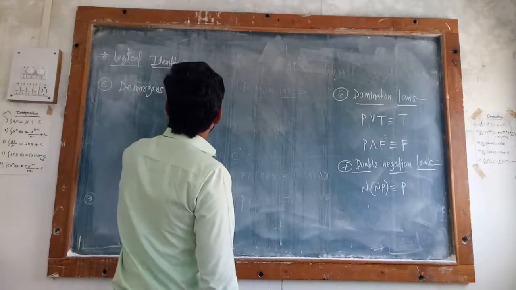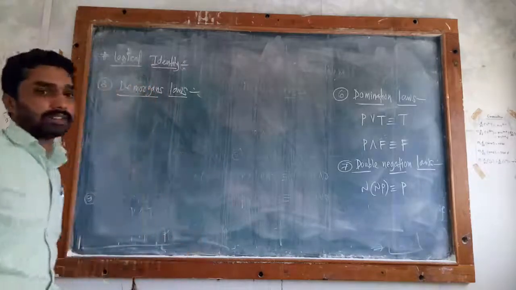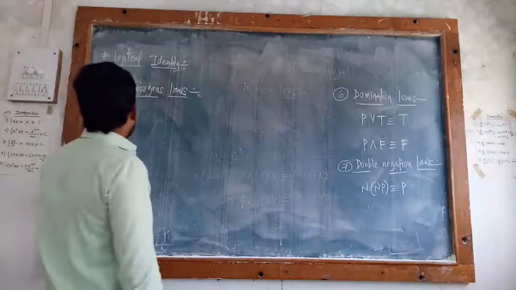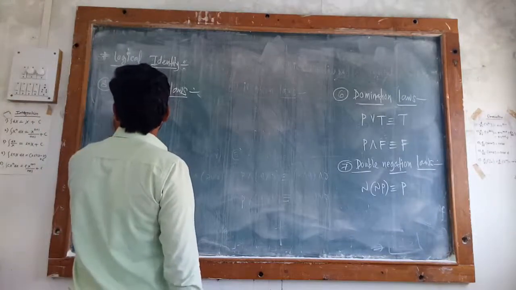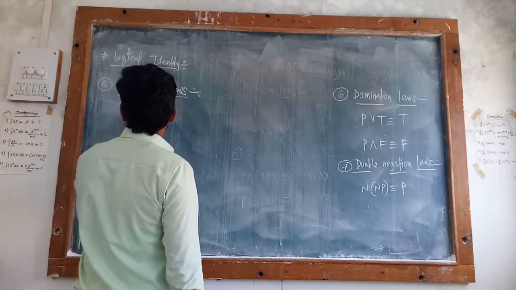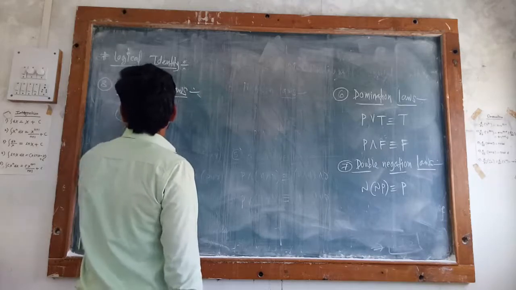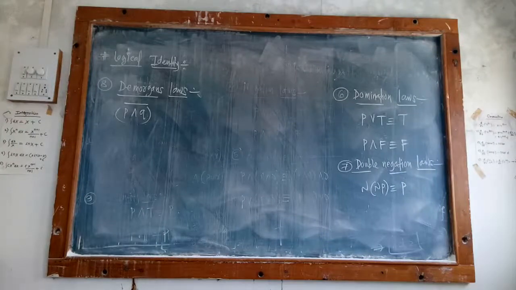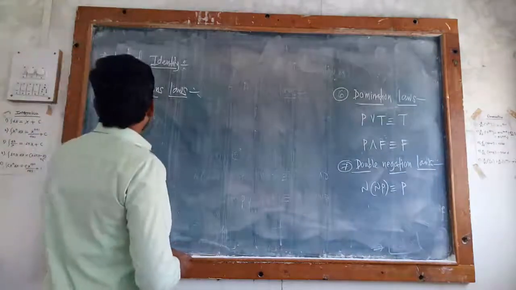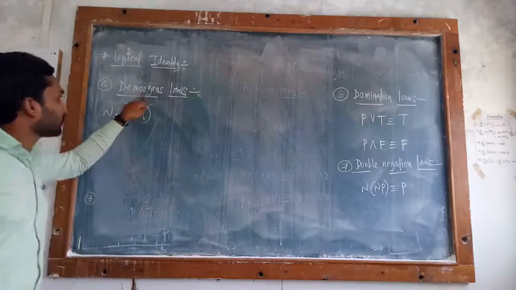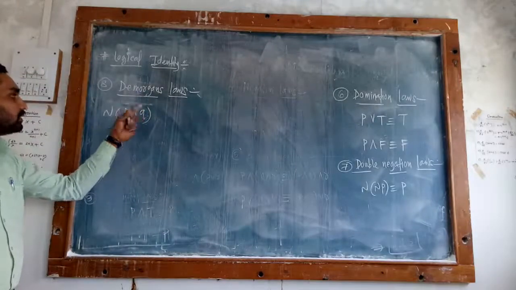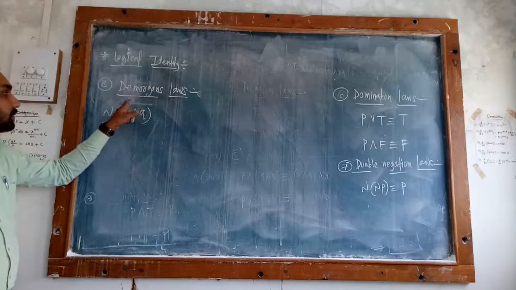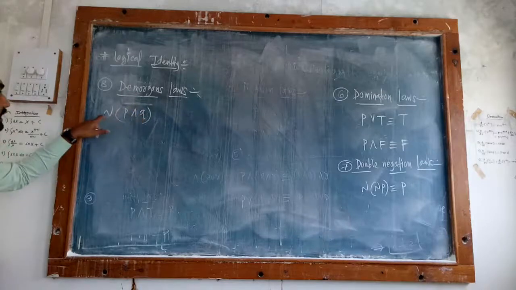So the next law is De Morgan's laws. What is De Morgan's law? P and Q whole bar. In case of bar, we can replace this bar by negation.